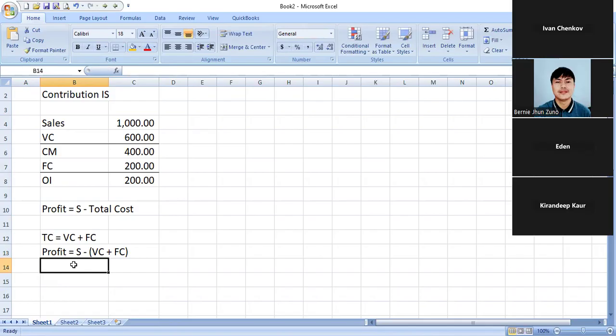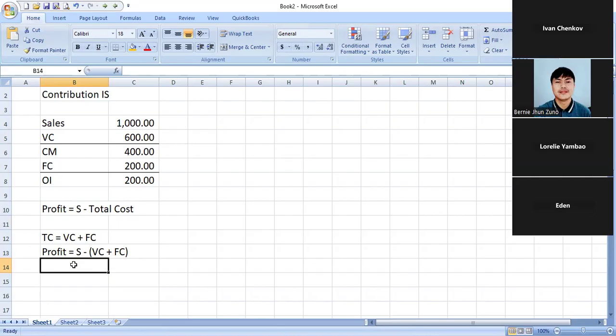So what's going to happen when you open a company? Obviously, why do people open a company? Why do people start their own business? To get the profit.